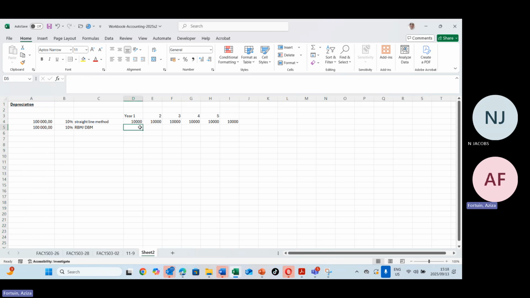For year 1, you're going to say 100,000 times 10%, which equals 10,000. So now you're going to calculate your carrying value. And my carrying value will be 100,000 minus the 10,000, 90,000.